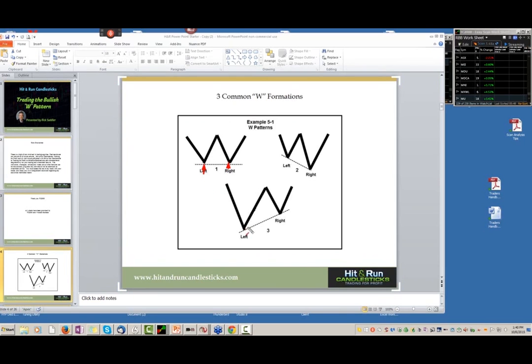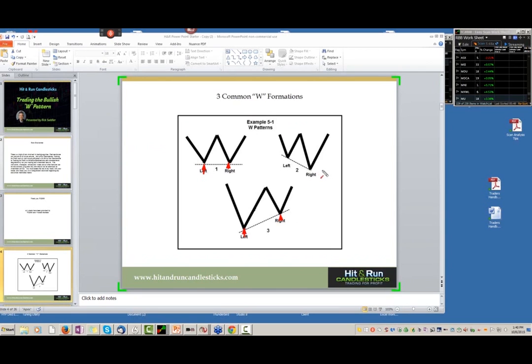The other pattern would be where we move down to make the left side of the W. We create a low, and then we rally up for that high, and we come back and we create a higher low.